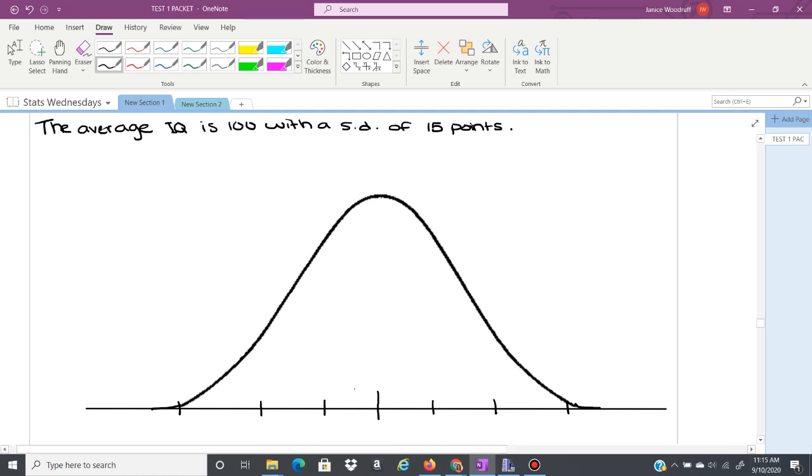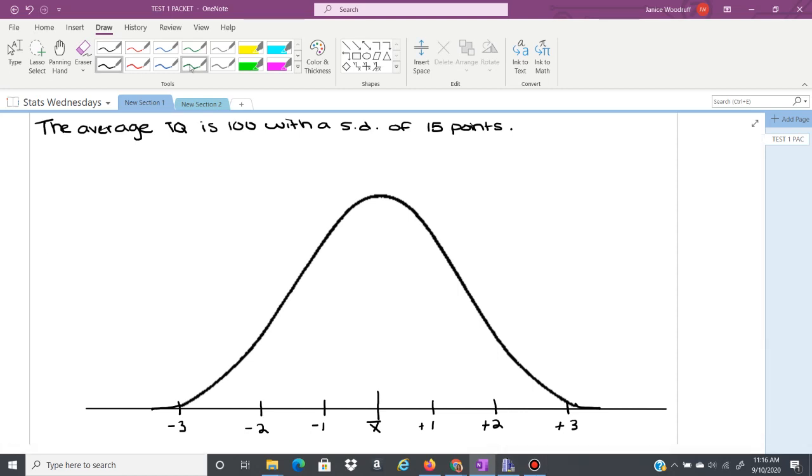So X bar is in the middle. This is your mean, your X bar. Your standard deviations are on either side. This would be -1 standard deviation and this would be +1, then minus 2 and plus 2, and then minus 3 and plus 3.